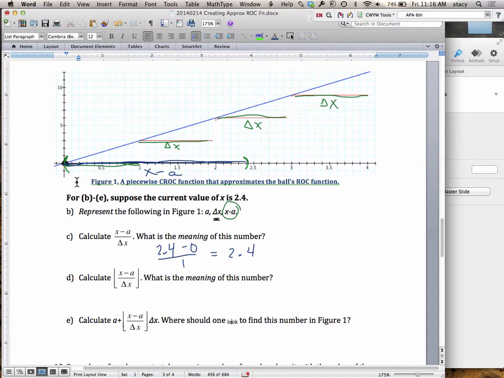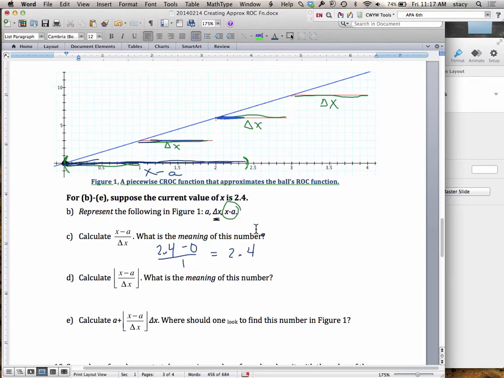Is 2.4 the number of complete intervals? I've definitely got one interval, another interval, but then I've only got about this much of an interval, up to 2.4.